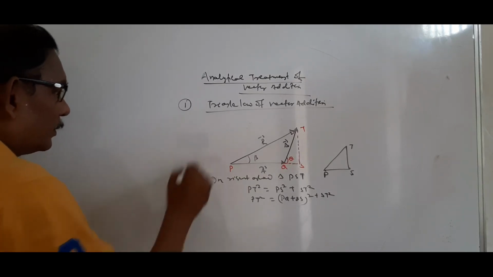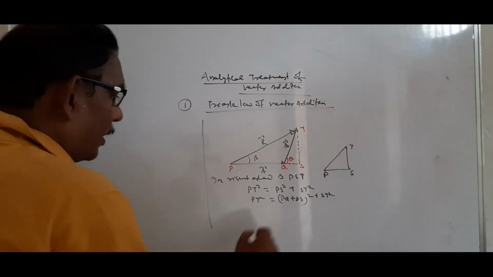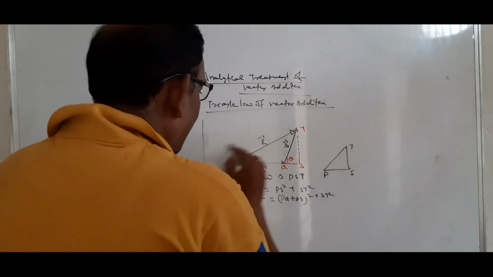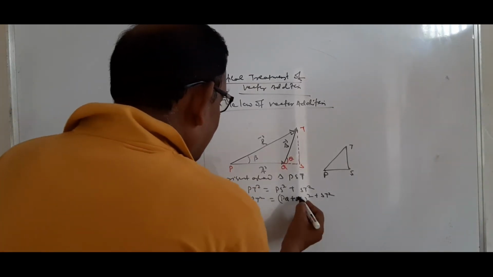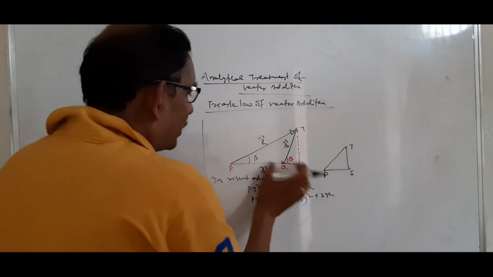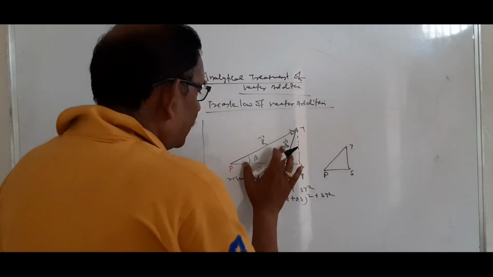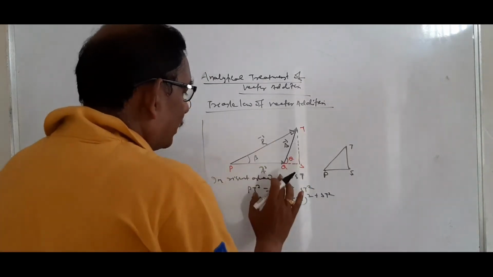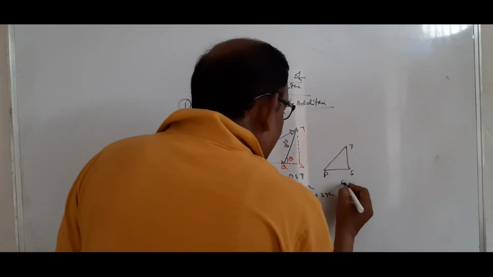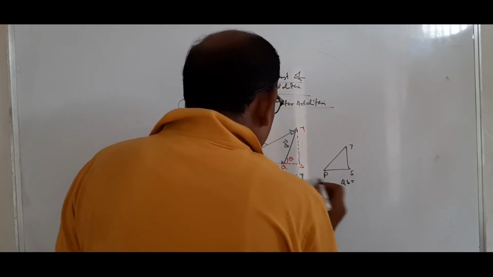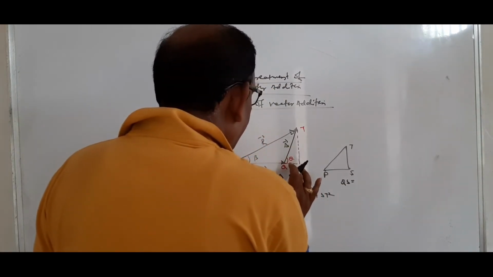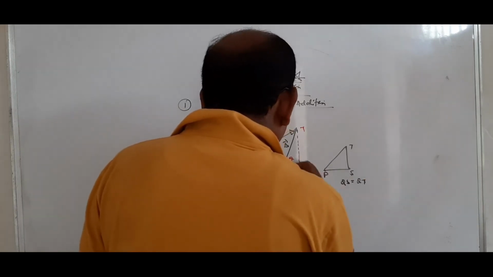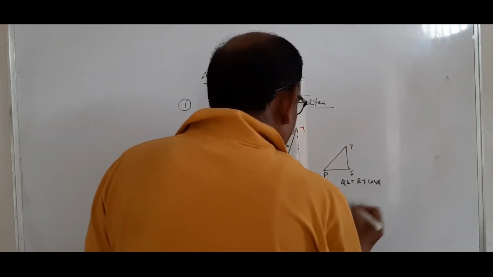Now you have to find out this value by using vector A, B and R. So QS, how to find out QS here? By using this value B. So what is the relation between QS and QT? Here QS is equal to, you know that, base by hypotenuse. QS is equal to QT cos theta.